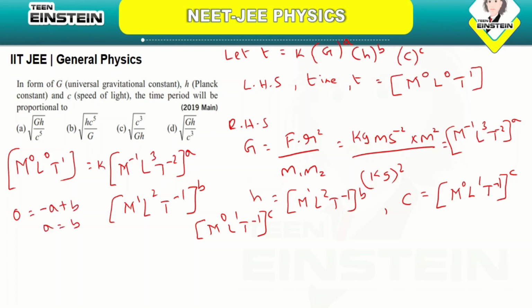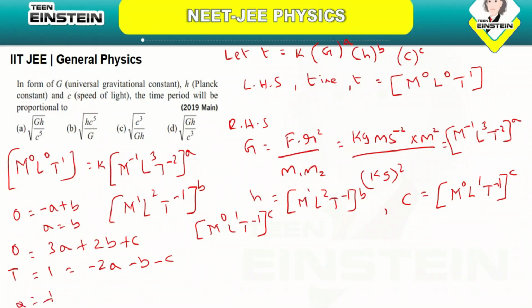Similarly, you compare L, again 0 is equal to, we are comparing the powers, so here you will be having 3A plus 2B plus C. And similarly T, which is equal to 1, because T is 1 here, equal to minus 2A minus B minus C. Okay, so when you solve this, you will be getting the A, B and C values.